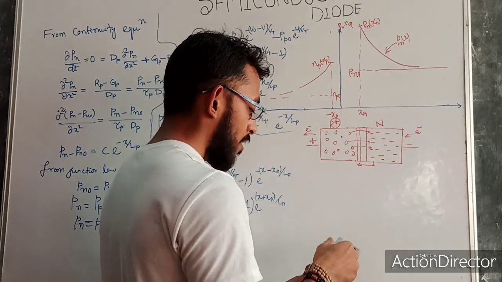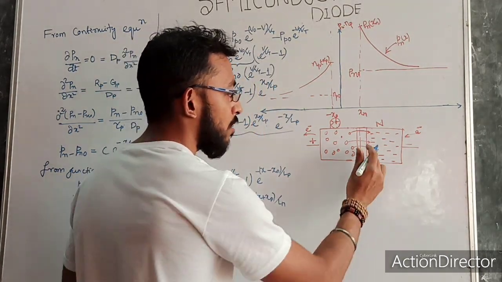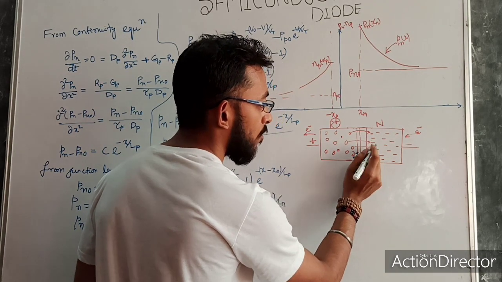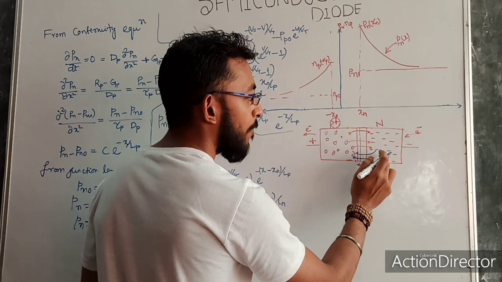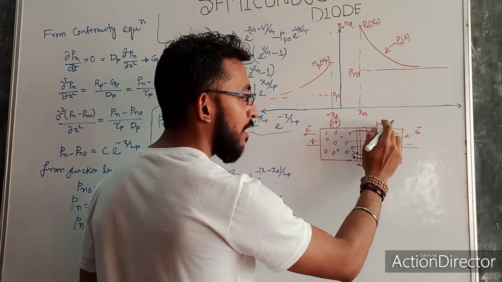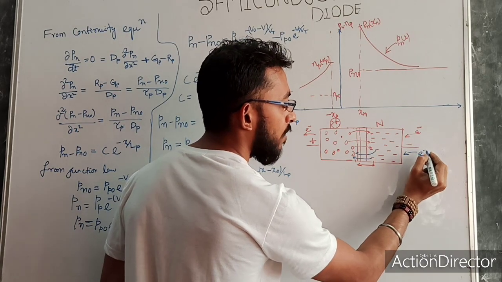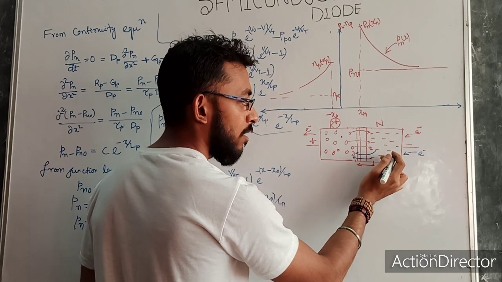Similarly, to cross this barrier, electrons start to diffuse to this side. Then the number of electrons on this side decreases again, so to supply that, we again inject electrons.